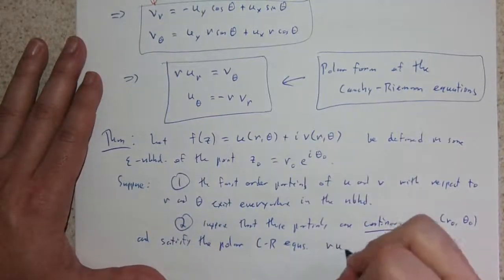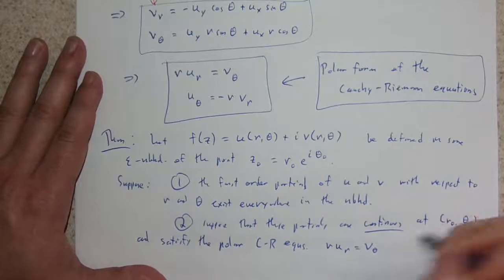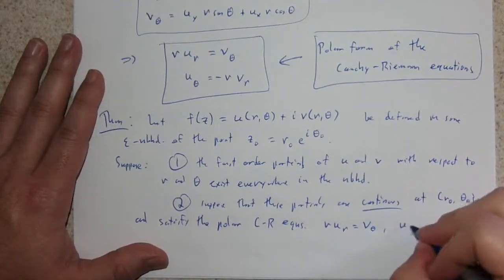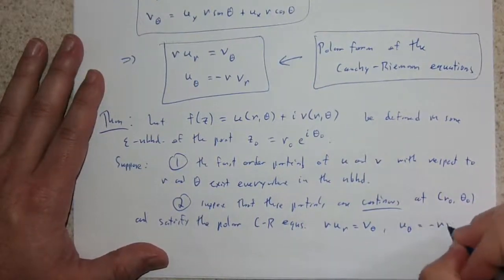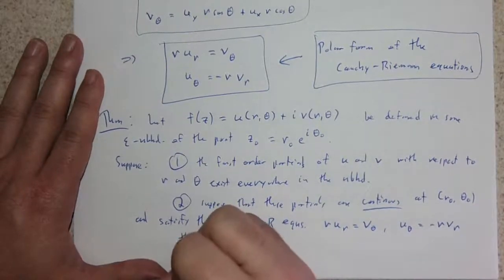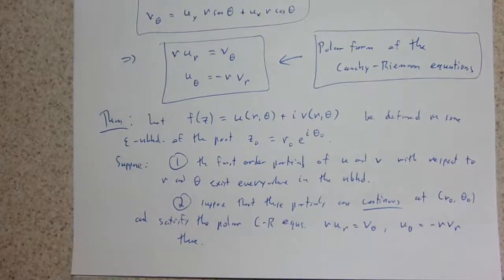So r u sub r is equal to v sub theta. u sub theta is equal to minus r v sub r. Okay.